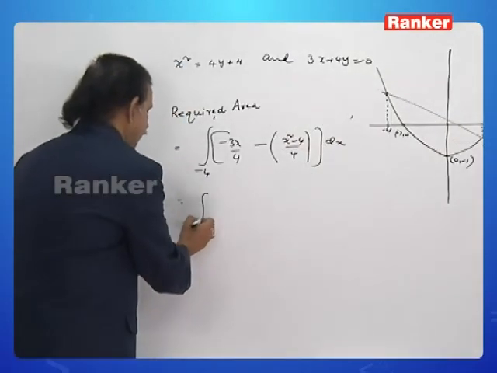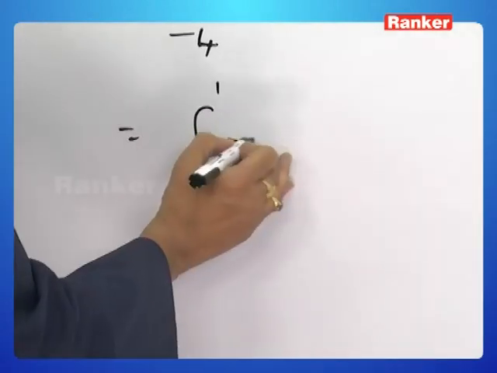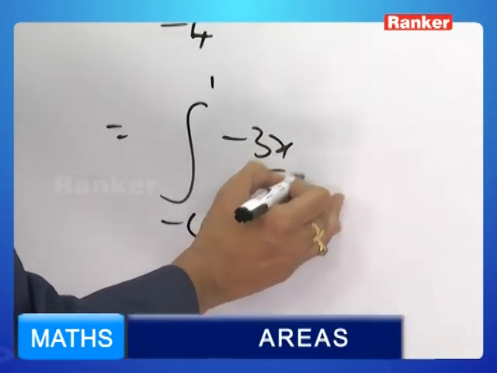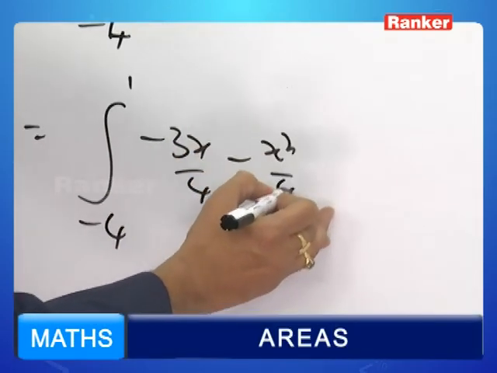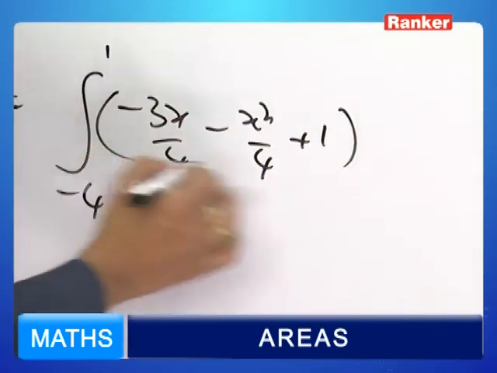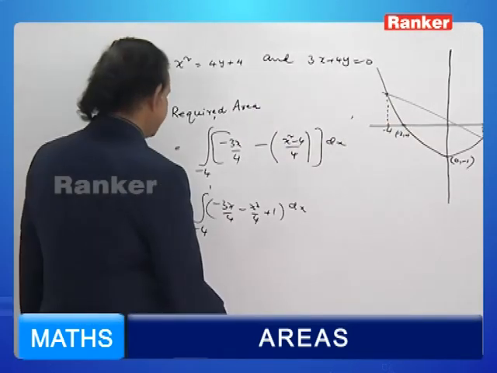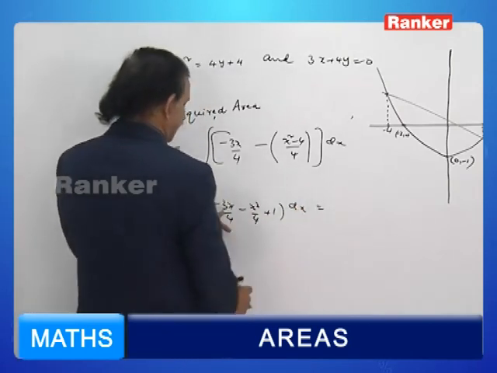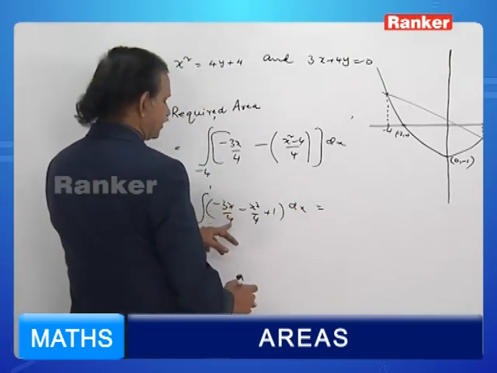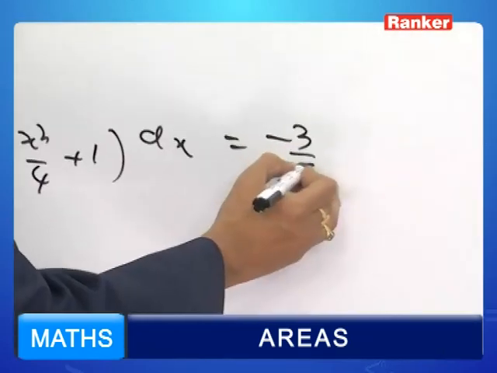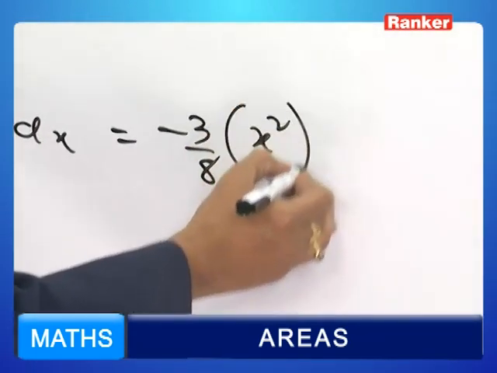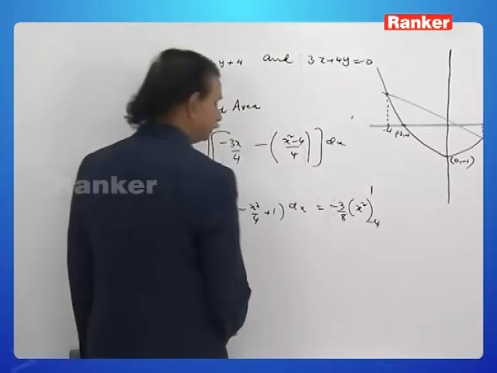Therefore, it is the integral from minus 4 to 1 of minus 3x by 4 minus x square by 4 plus 1 dx. Am I right? Okay, then this is minus 3 by 4 into x square by 2, minus 3 by 8 into x square, between the limits minus 4 and 1.